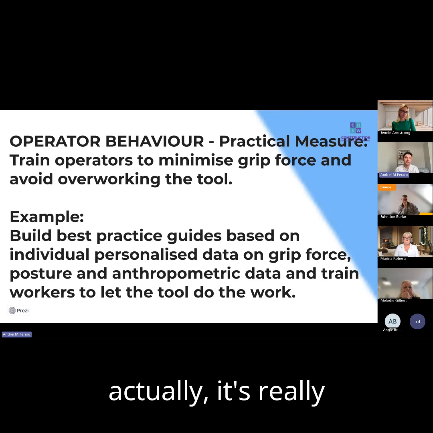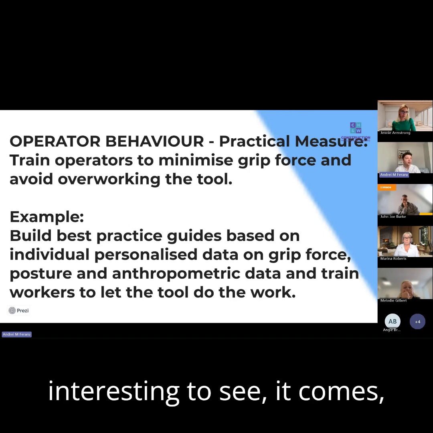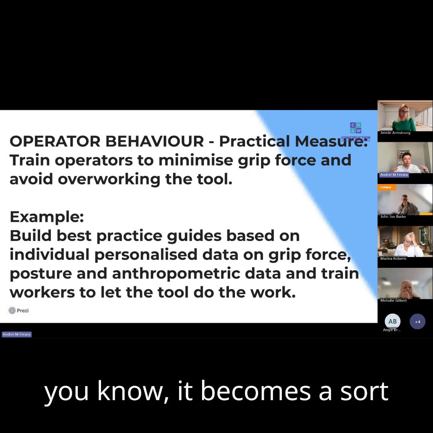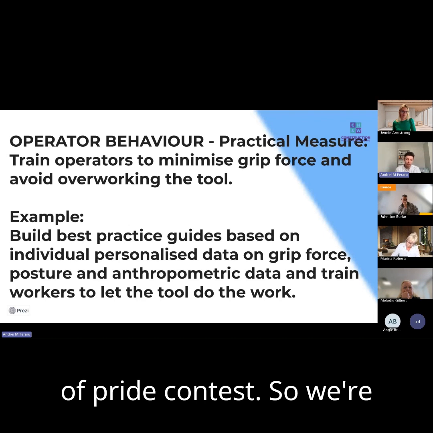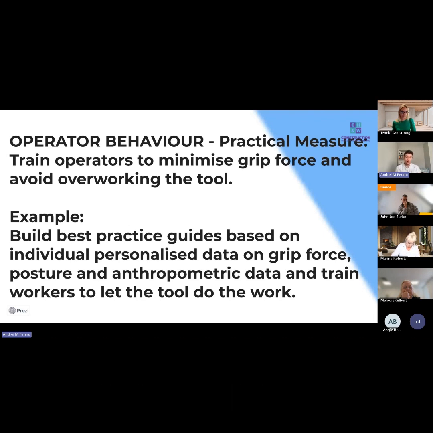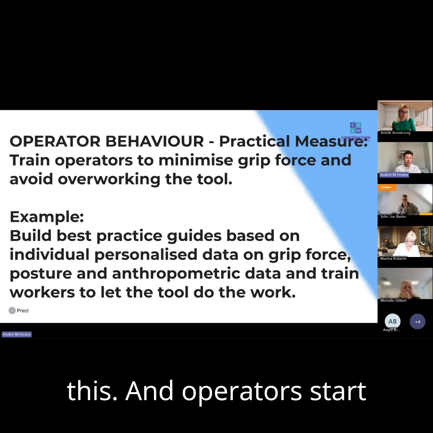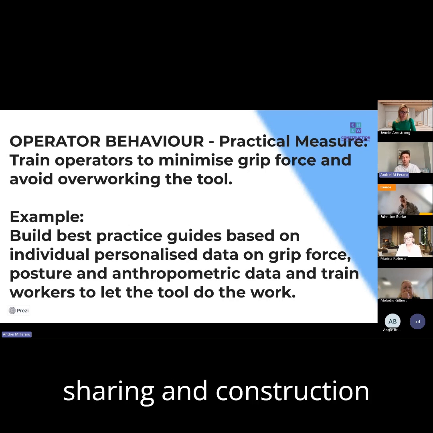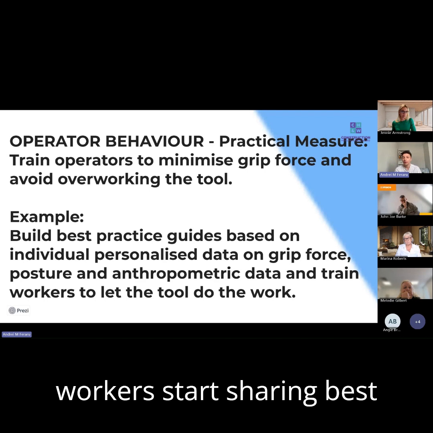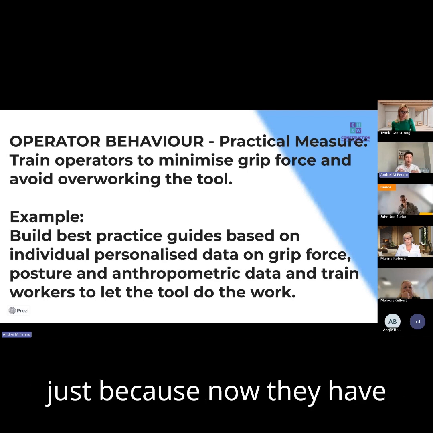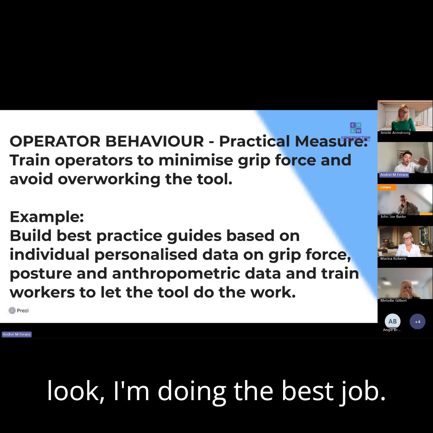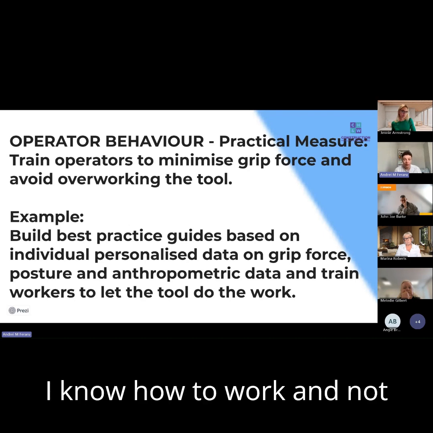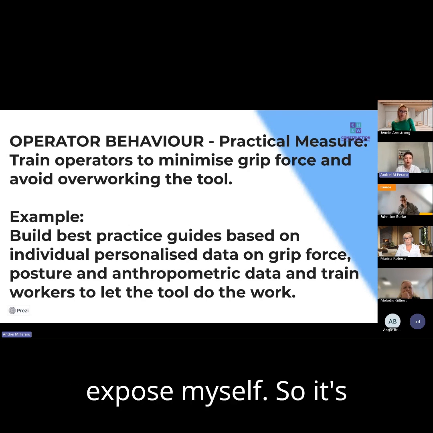And it's really interesting to see, it becomes a sort of pride contest. Operators start sharing, and construction workers start sharing best practices between themselves, just because now they have data to back it up and say, look, I'm doing the best job. I know how to work and not expose myself.